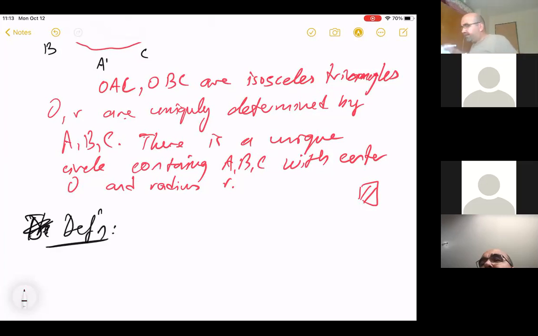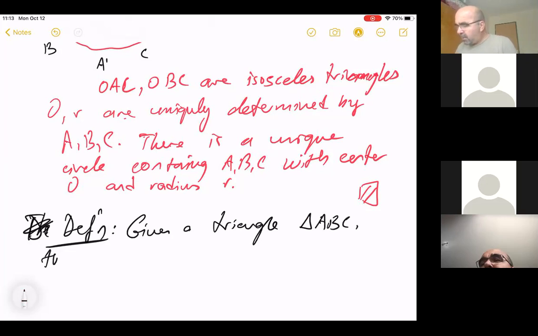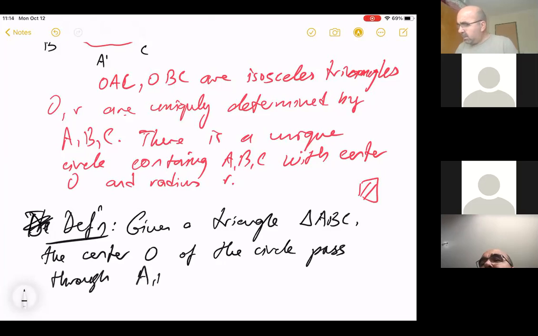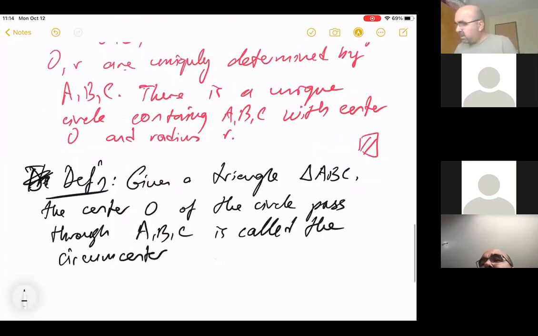Given a triangle ABC, the center O of the circle passing through A, B, C, like in the above picture, is called the circumcenter of ABC.